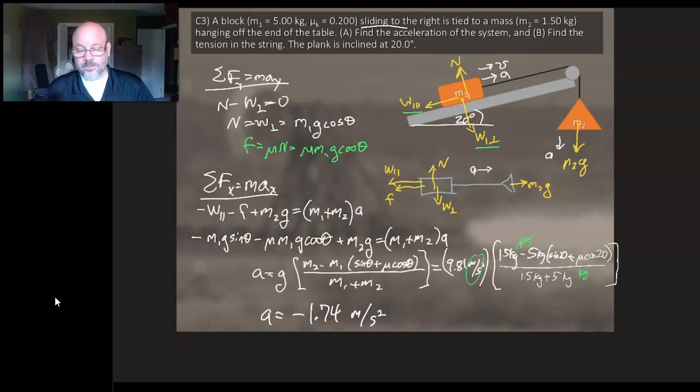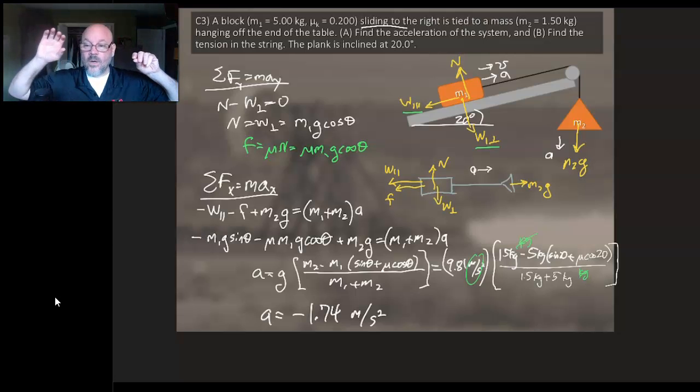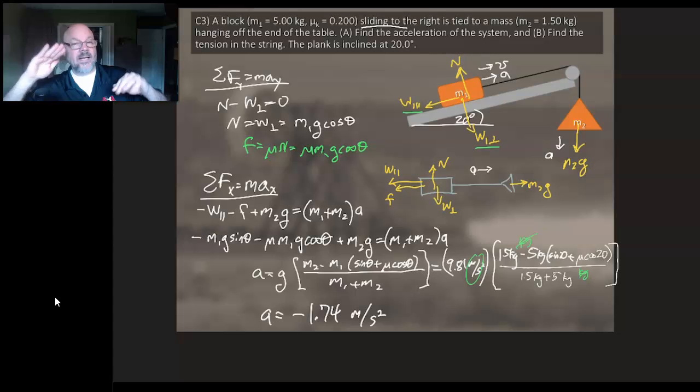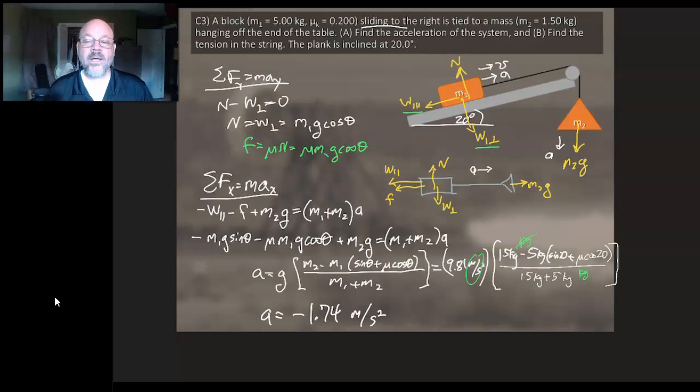In the last one, our acceleration was really tiny, less than 1, and so the 1.5 kilogram mass was barely able to make it accelerate. In this case, with the incline, it just can't do it. So if we wanted M1 to have a positive acceleration to move faster and faster, we'd have to add a bigger mass for M2. So there you go.